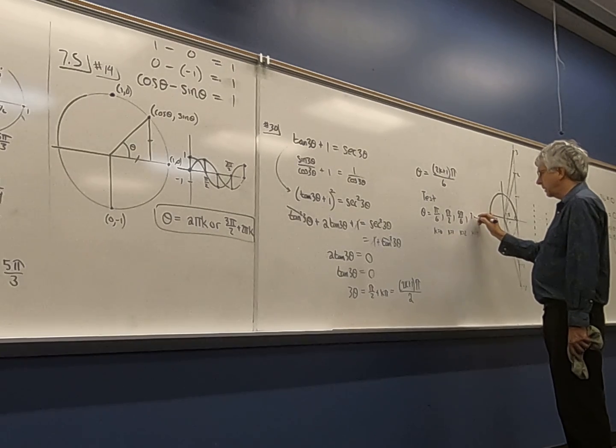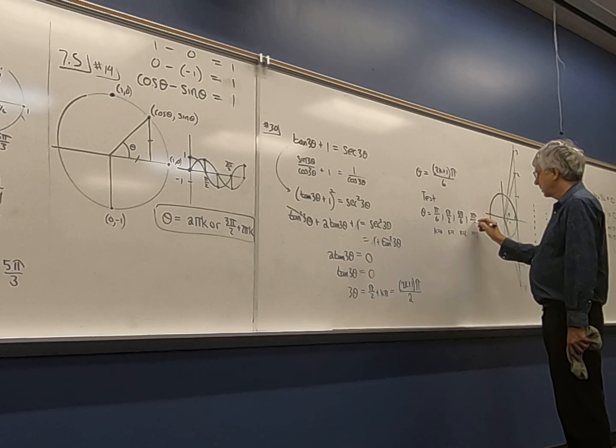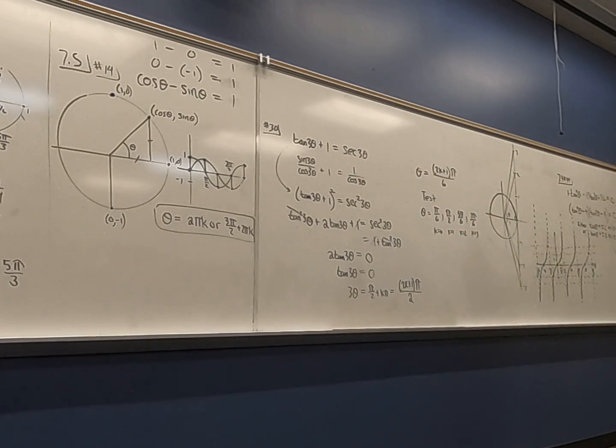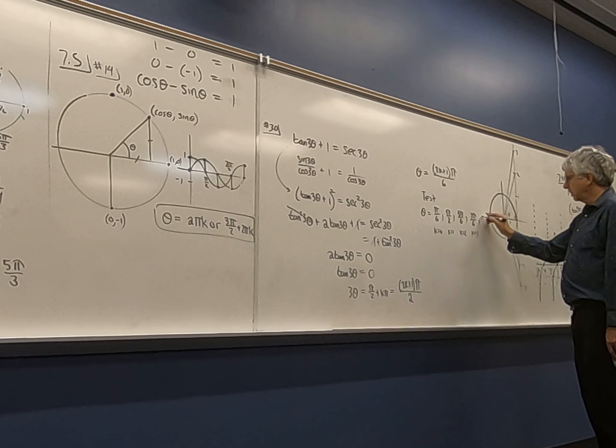And what's the pattern here? Looks like I'm just adding 2, huh? Pi over 6, 3 pi over 6, 5 pi over 6, 7 pi over 6. The next one would be 9 pi over 6, which reduces to 3 pi over 2, right?